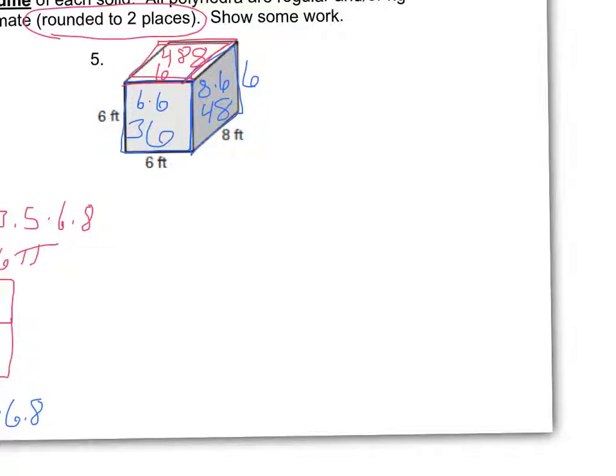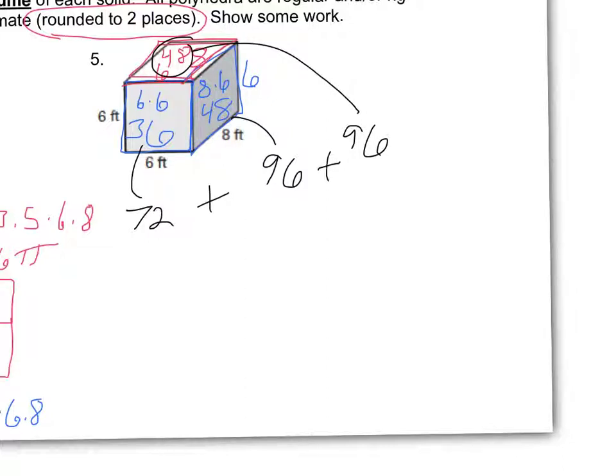So there's a bunch of different ways how you could show this. I'm just going to show how I'm doubling each one, so that 36 becomes 72, that 48 becomes 96, and that 48 also becomes 96, and then I'm adding them. So I kind of showed that in a very informal way. Usually I write out front, back, left, right, top, bottom.